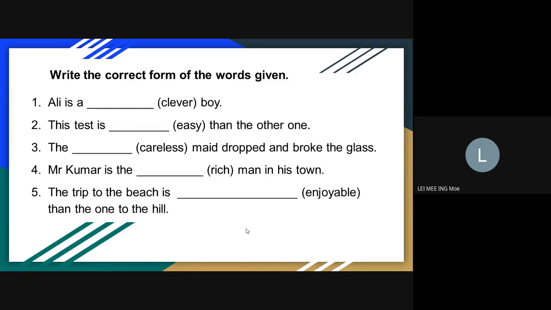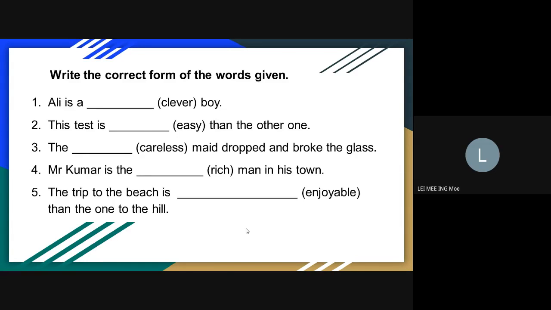Question number 1. Ali is a clever boy. The given adjective here is clever. Some of you typed clever with an s. For an adjective, we don't add any s. If you want to use the root word, you just use the same spelling.